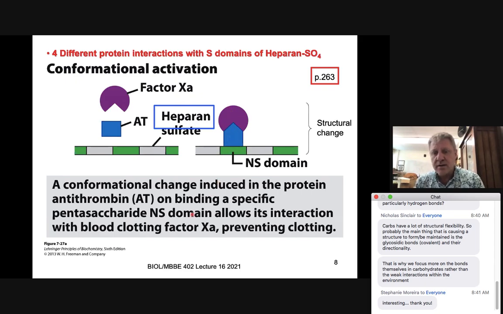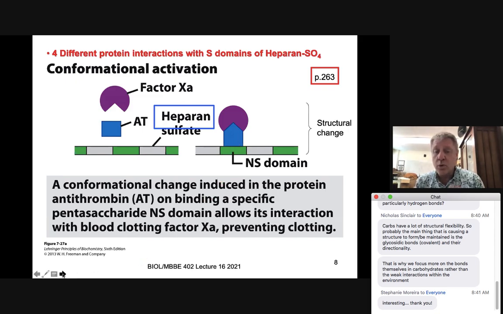With the binding together, the interaction with the blood clotting factor 10a prevents clotting. If there's an occlusion or damage to the tissue, the normal situation is that these would form a clot or initiate clot formation. But with their interaction with the heparan sulfate, they don't form a clot. So there's a structural change that occurs in this system.